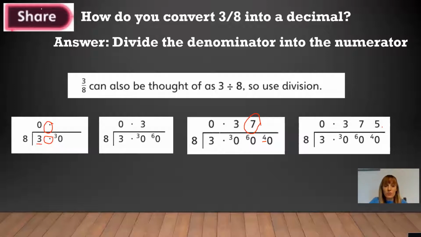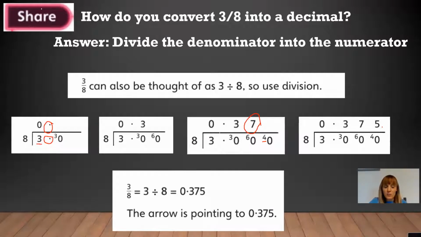This method will still work. If you divide the numerator by your denominator, you will always find it and put it into a decimal number. So 3/8, what we've just learned here is that we've done 3 divided by 8, which gave us 0.375. So now we know that 3/8 as a decimal is 0.375, which the arrow was pointing to on our diagram.